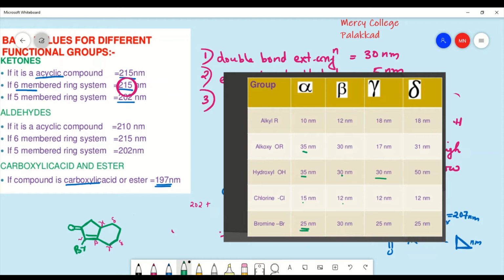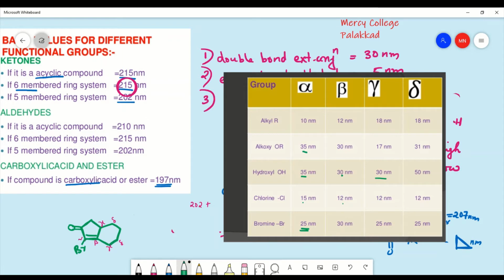Then if it is at the beta position, then 30 nanometer, and so on. So these are the factors or contributions that you have to add to the basic value of different alpha beta unsaturated carbonyl compounds, depending upon the position of the substituent.